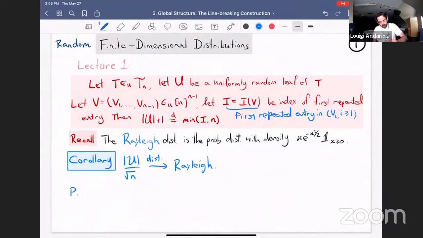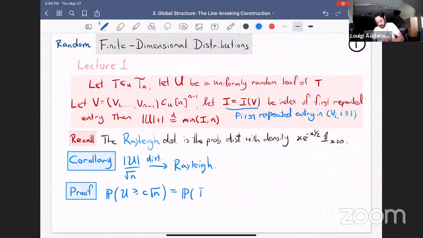The reason for this, which I already basically went over, is that if we look at the probability that U is at least c root n, then the distributional identity tells us that this is the same as the probability that the first repetition happens at position at least c root n plus 1, which is the same as asking for the probability that the first c root n values in this sequence are all distinct.